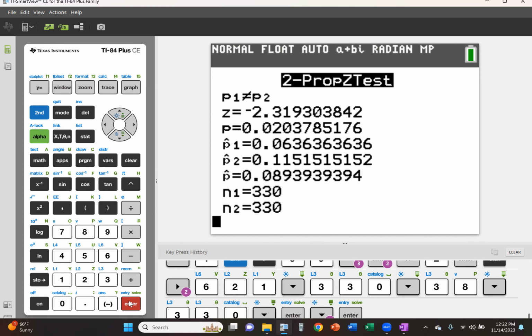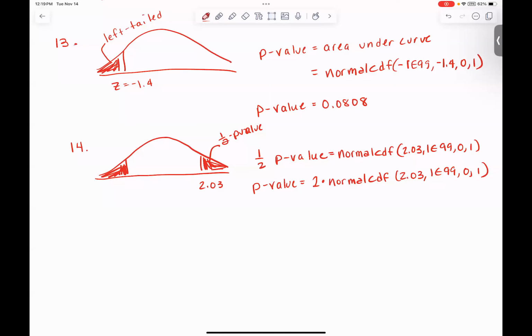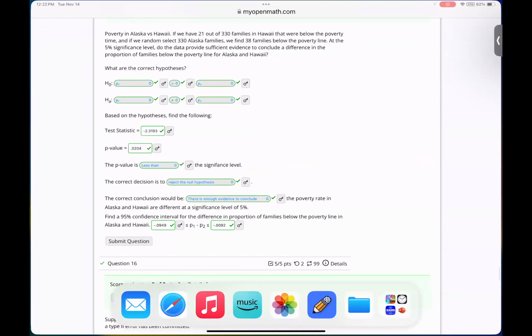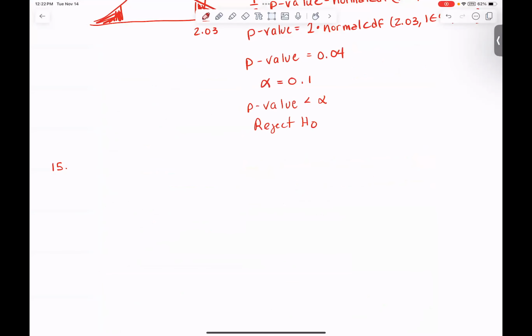All right, so our z statistic is negative 2.3193, and our p-value is 0.0204. So let's go ahead and write down the null hypothesis and the alternative.